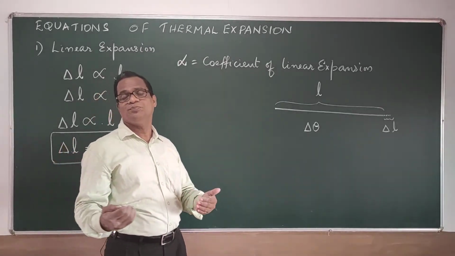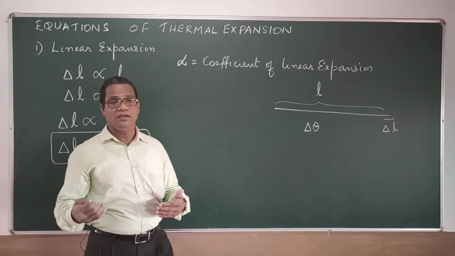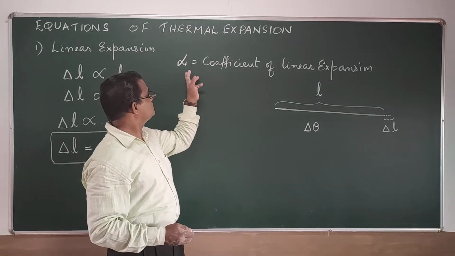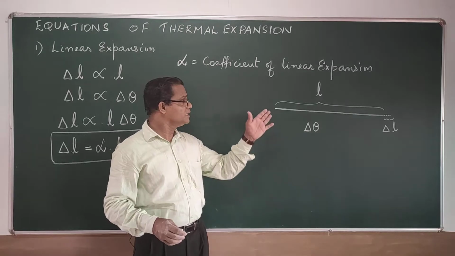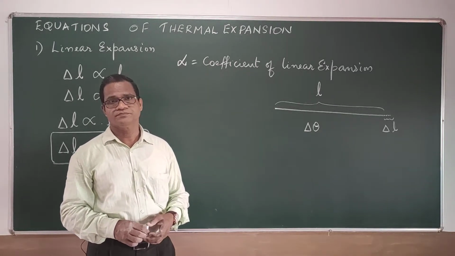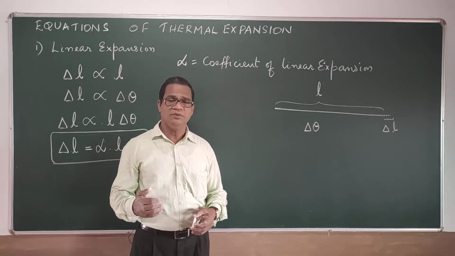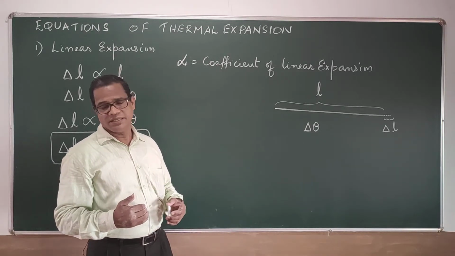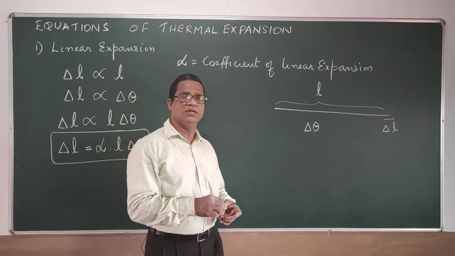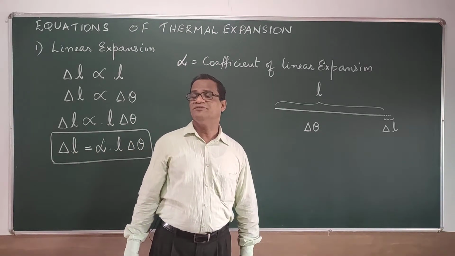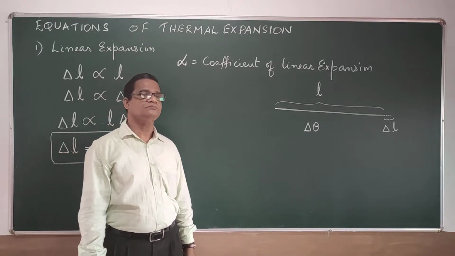Suppose I take copper, will be having a value, iron another value, steel yet another value. So this is a constant for a particular material. The idea you can get it from logarithm table. There is a data table called logarithm table. In that one you can search for finding out the coefficient of linear expansion of different solids.